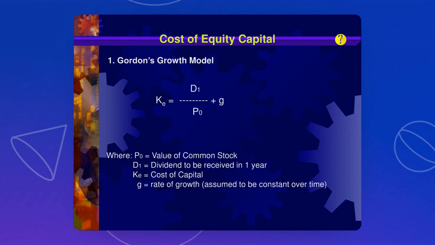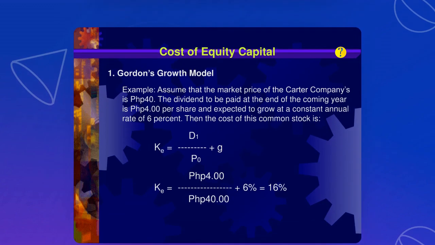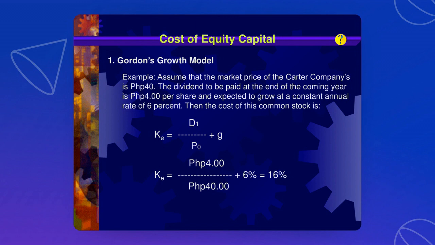Alright, for a sample, class, in Gordon's growth model, assume that the market price of the Carter Company's stock is 40 pesos. The dividend to be paid at the end of the coming year is 4 pesos, and it is expected to grow at a constant annual rate of 6%. The cost of the common stock is as follows.